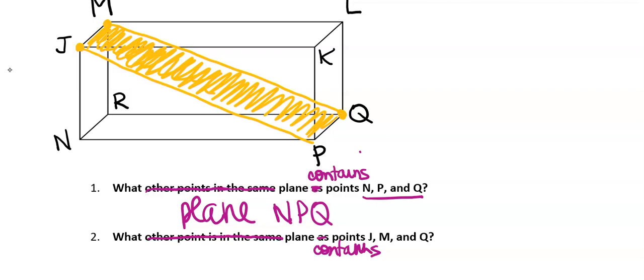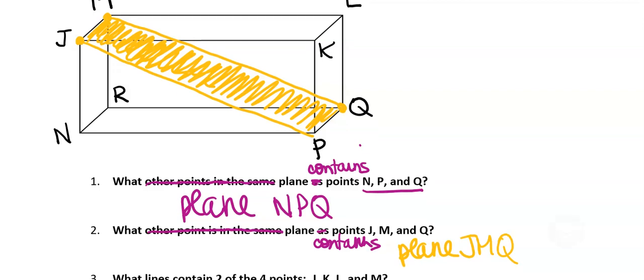As long as there are three points, they can form a plane. So for this one I'm going to say, in yellow, plane JMQ. You could have any three letters on that diagonal yellow plane that I just drew: MJP, PJM, MQP, QPJ, any order is fine.